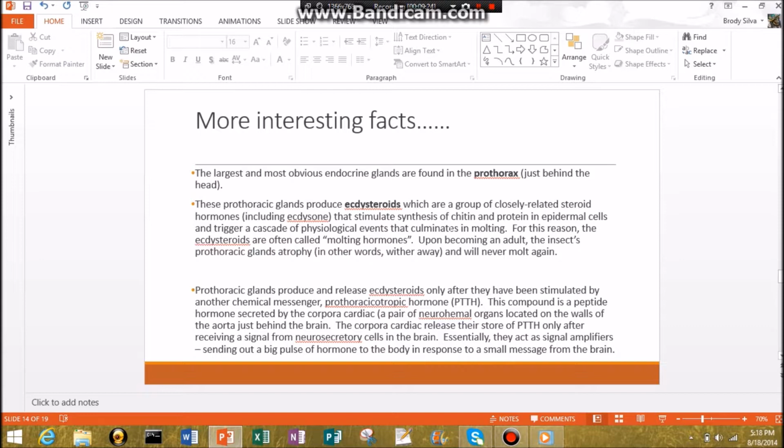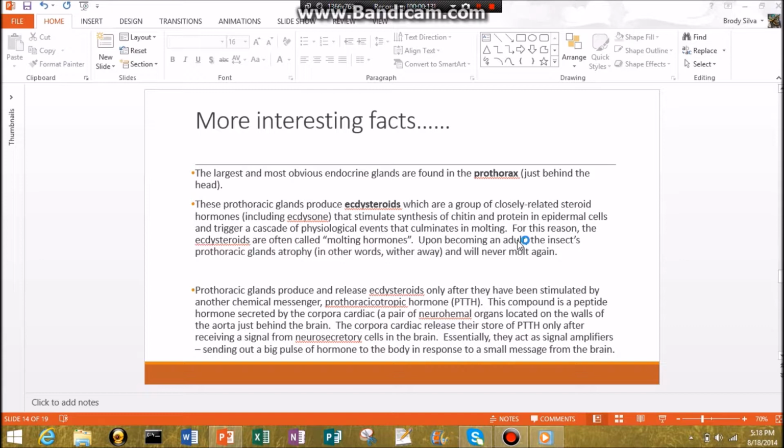Upon becoming an adult, the insect's prothoracic glands atrophy or wither away and it will never molt again. That way it does not continue development, it has reached its final stage.